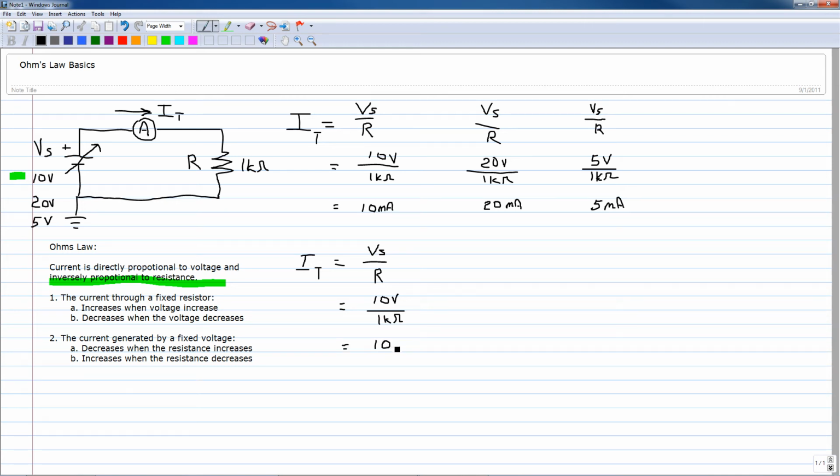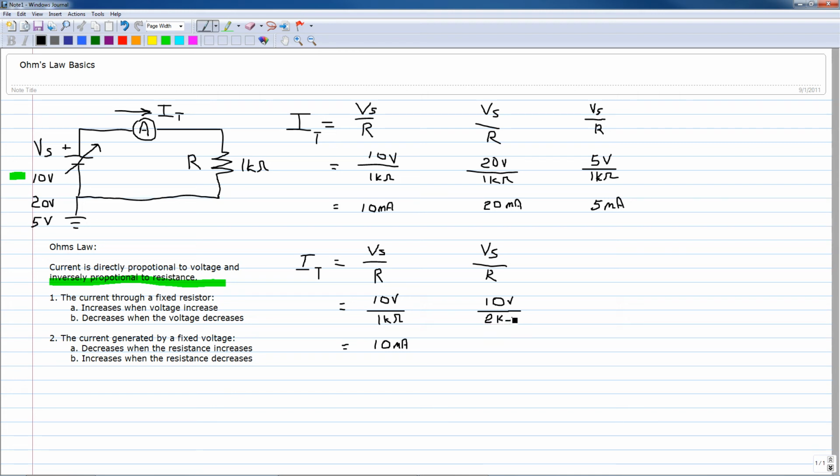All right. This time, let's keep the voltage the same but change the resistance value. So here we'll again write out the equation, V source divided by R gives us the total current. We're going to leave the voltage the same at 10 volts, but increase the resistance, and let's say that we go to 2K ohms.